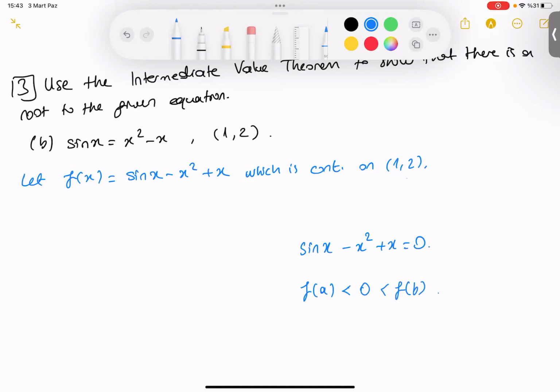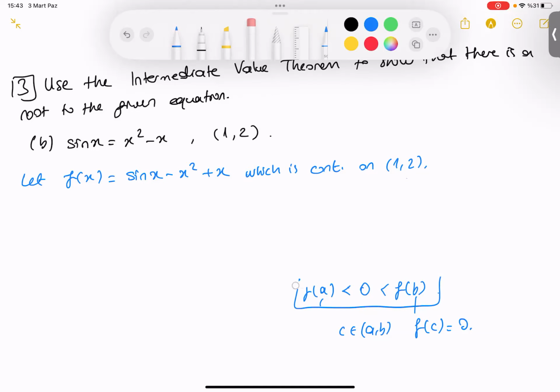If you can find those 2 values, then you will say there is some c between A and B such that f of c equals 0. So to apply the theorem, you need to find those values. So let's check the boundaries only.